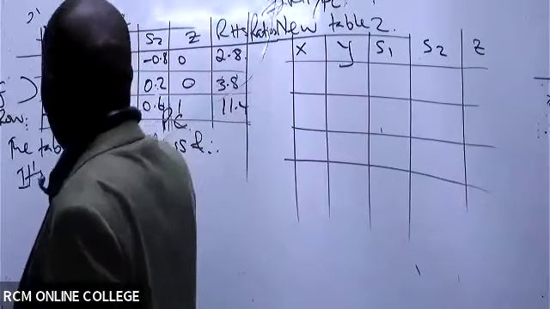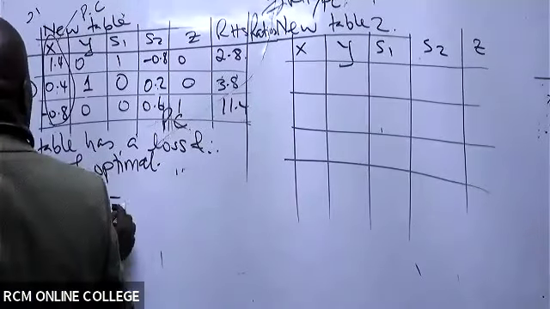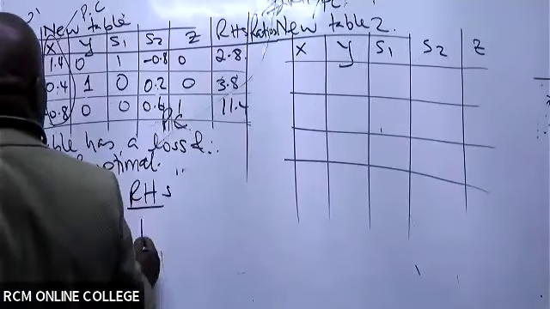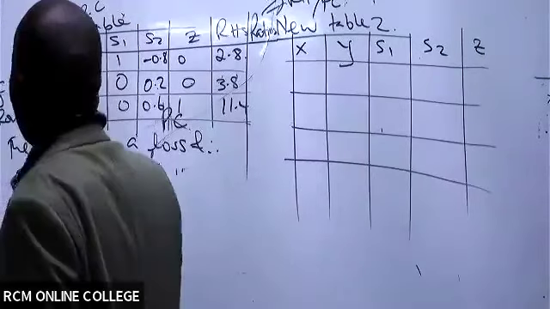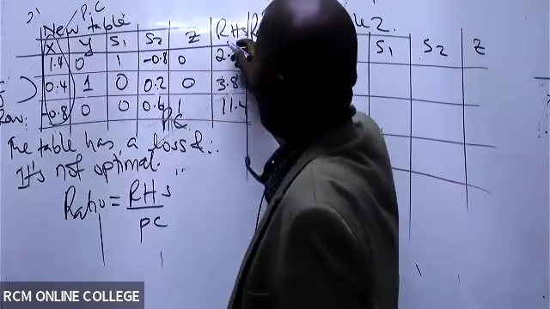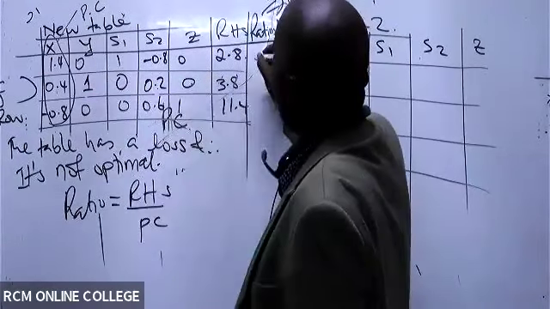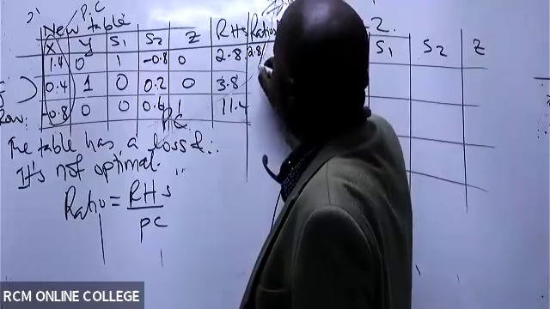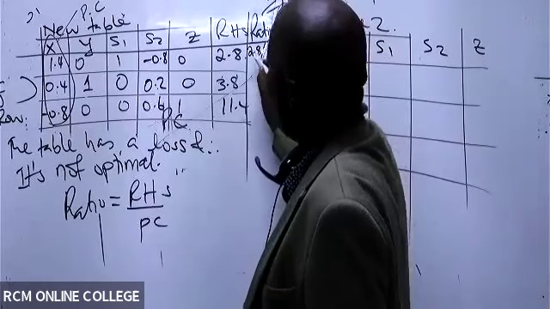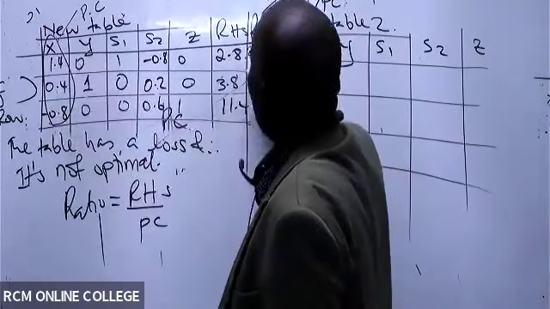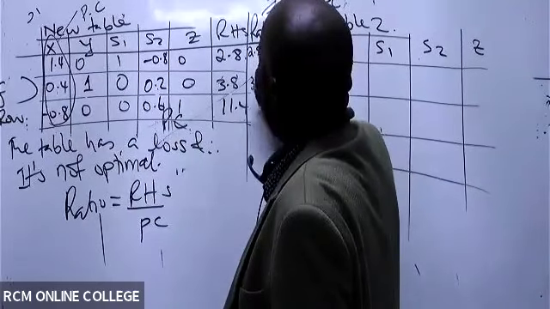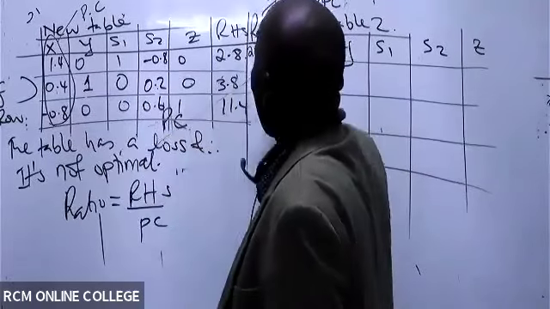To get ratios, you take the right-hand side and divide by the pivot column. So the first one will be 2.8 divided by 1.4. This one here will be 3.8, and we divide by 0.4.